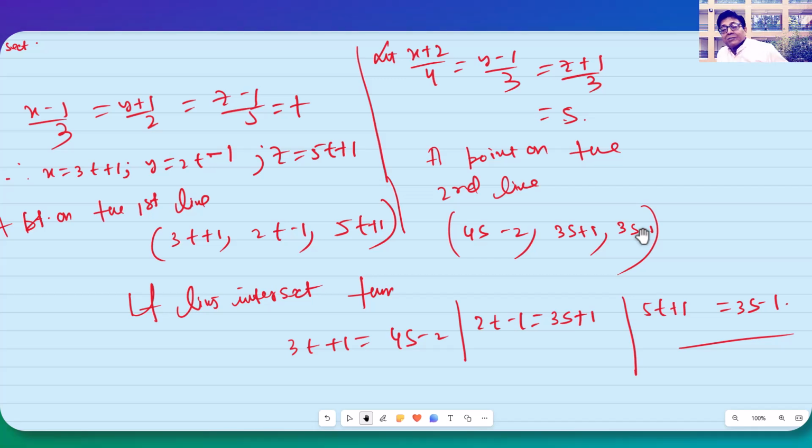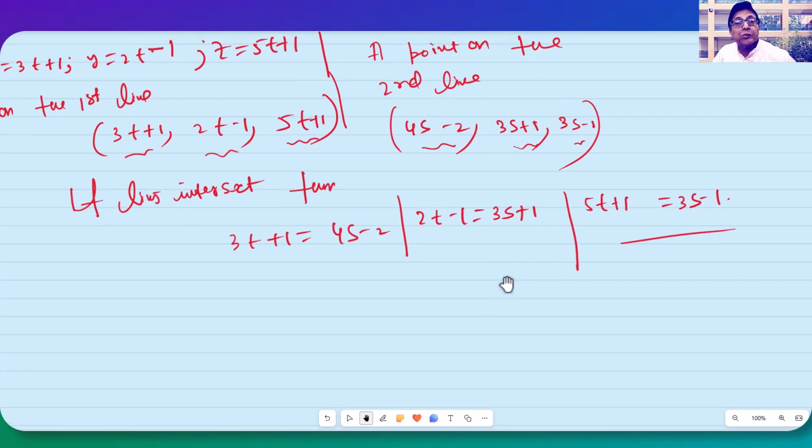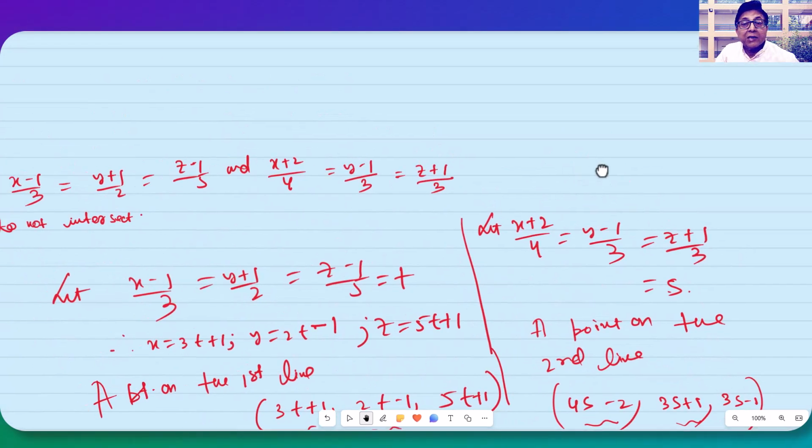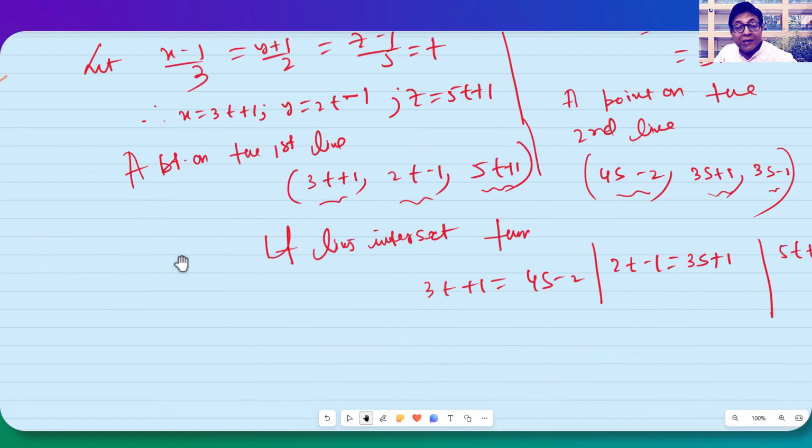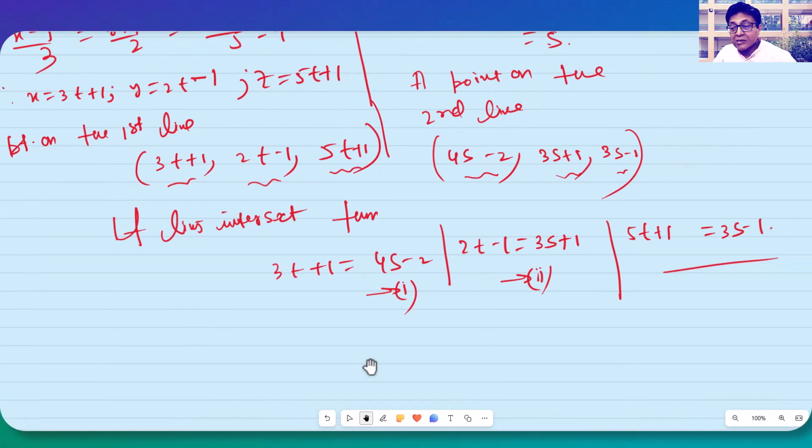We have just compared the x coordinate of the first one with the x coordinate of the second one, the y coordinate here, the y coordinate here, and this is the z coordinate. So according to the steps, you have to solve any two of the three equations. Now the equations are in terms of t and s. Solve them algebraically like x and y.